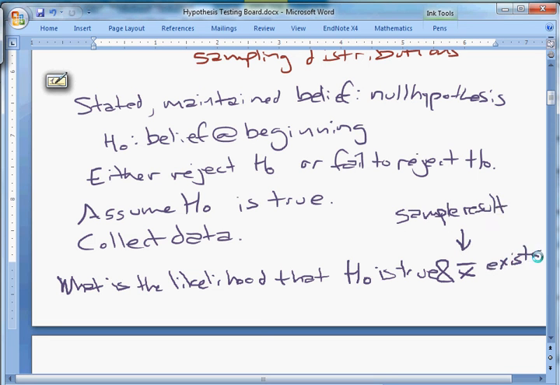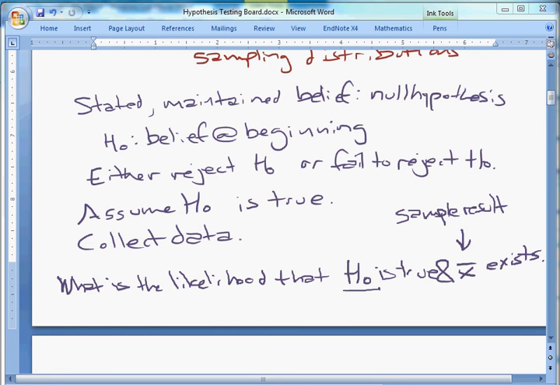So if my null hypothesis was that there's nobody who lives in the city of Little Rock, or there's less than 10 people who live here, and then I took a sample of 1 square mile of Little Rock and said, wow, there's more than 10 people right here, then I would have to say my null hypothesis was totally wrong. I'm going to scrap it. And that's the intuition of hypothesis testing.